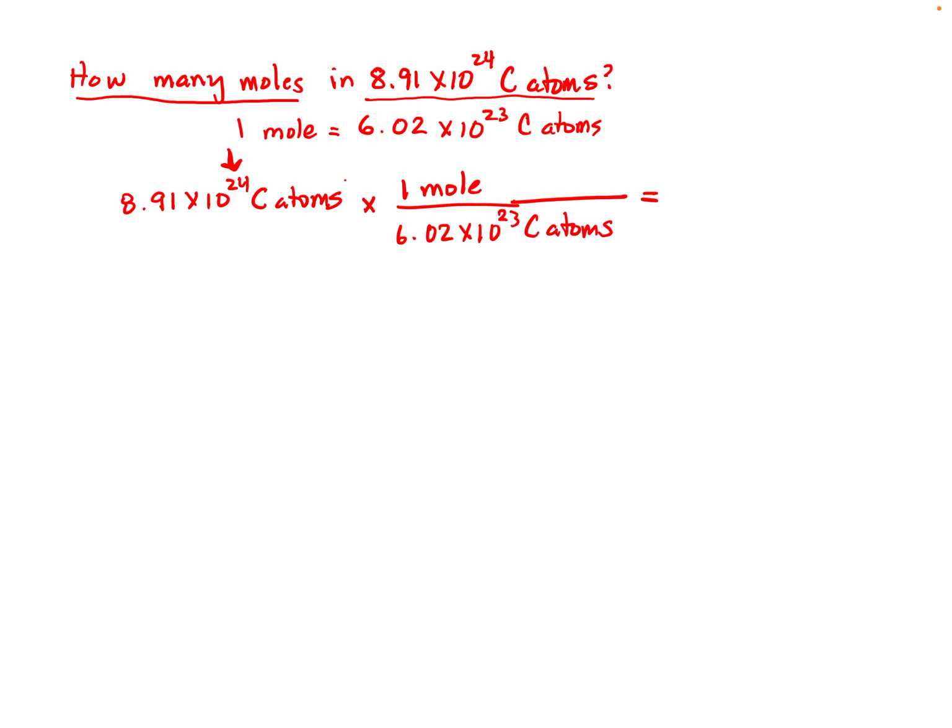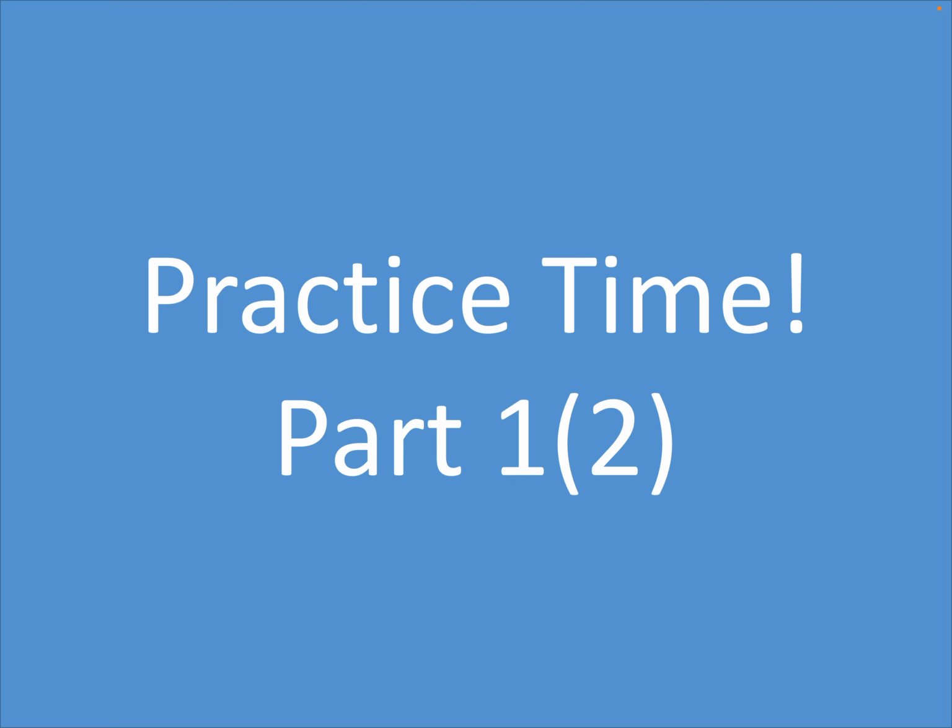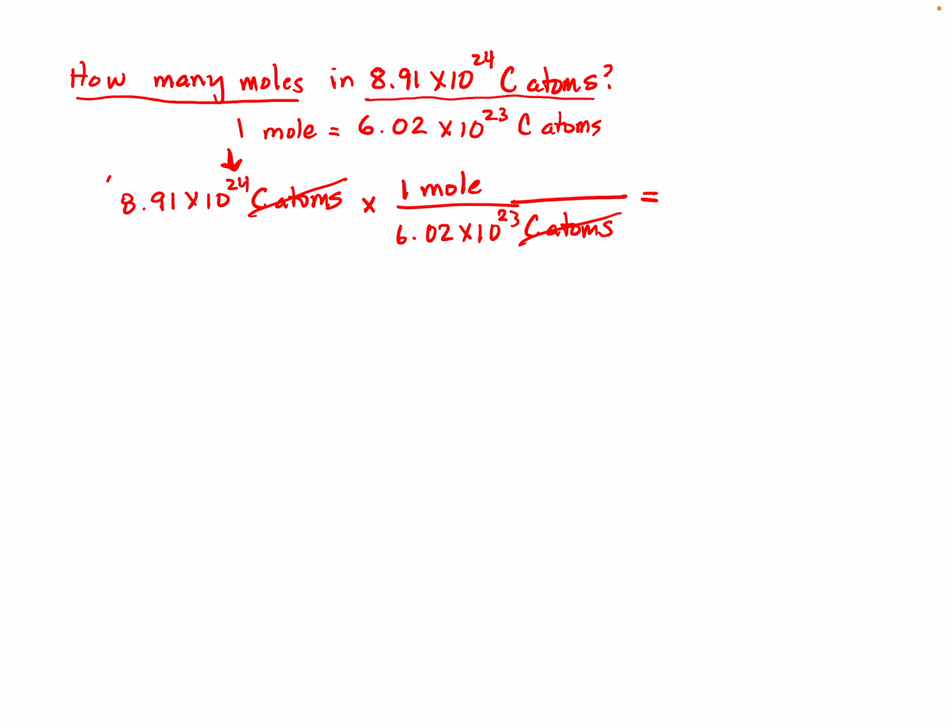But here again we see carbon atoms is going to cancel. When you put this into your calculator, be sure to put parentheses around that. Then hit your division sign. Put another parentheses and put Avogadro's number in. End parentheses, equals. And it should give you the correct response.